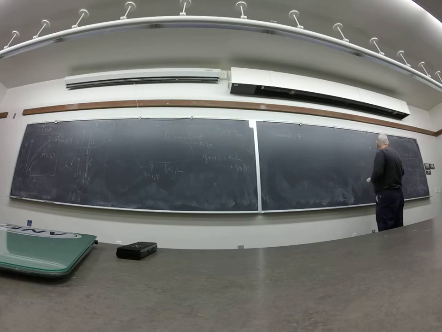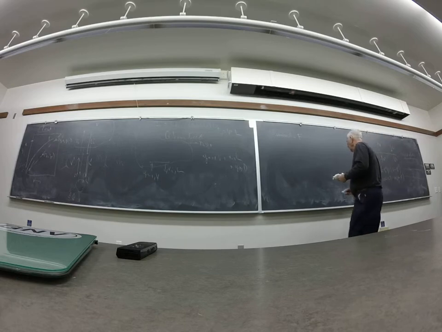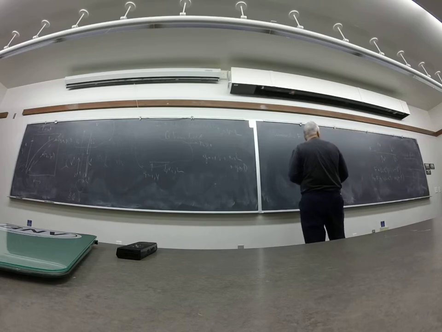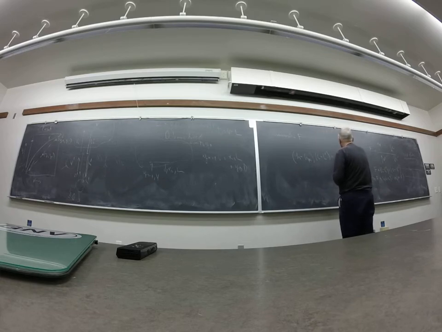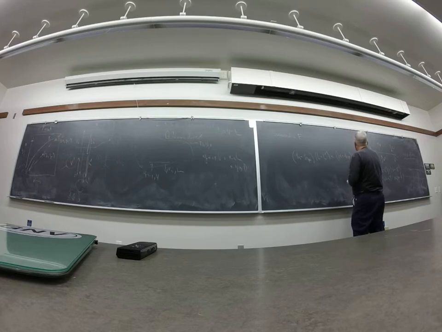I combine it with that, and it begins to look like I get something like this. H minus H_F, yeah, that's probably right. L minus L prime equals (H minus H_F) times (V minus V prime).